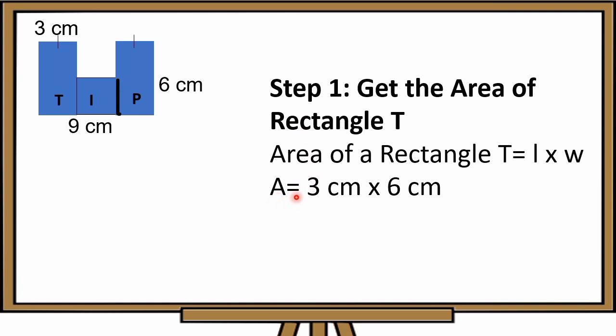A is equals to 3 centimeters times yung width na 6 centimeters. So, 3 times 6 is equals to 18. So, the area of rectangle T is 18 squared centimeter.